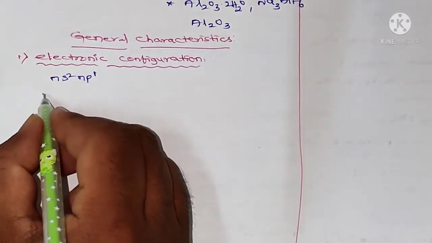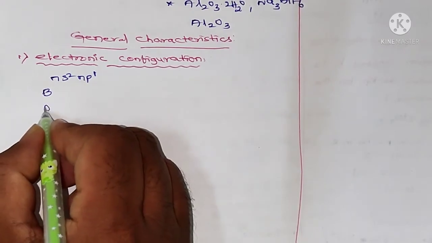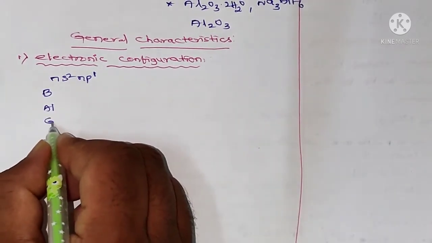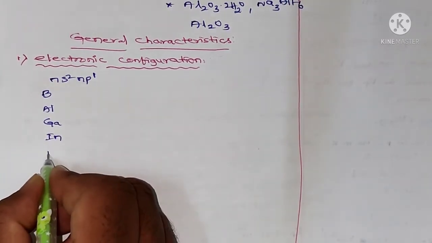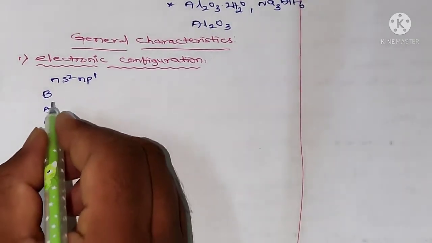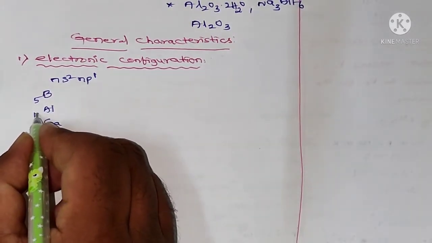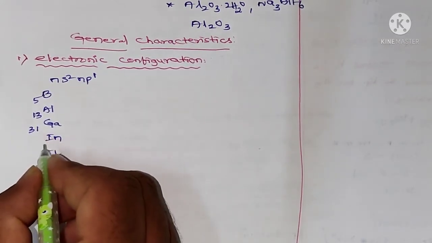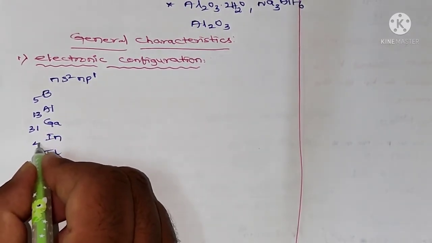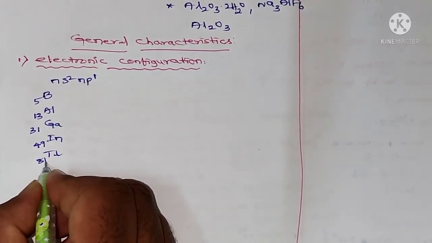The elements are boron, aluminium, gallium, indium, and thallium. The atomic numbers are boron 5, aluminium 13, gallium 31, indium 49, and thallium 81.